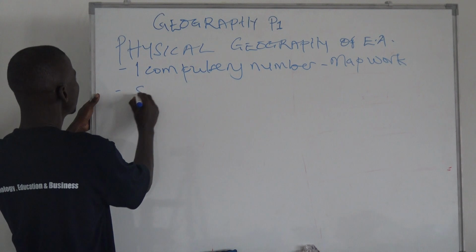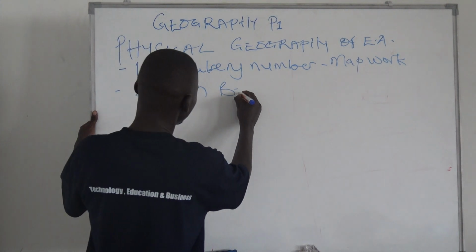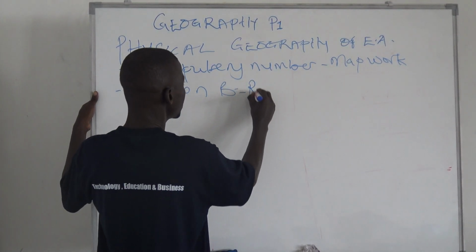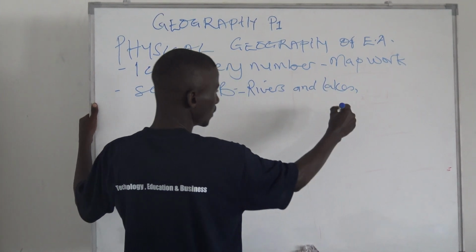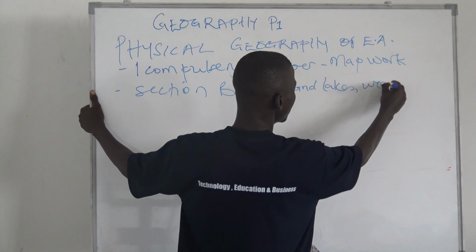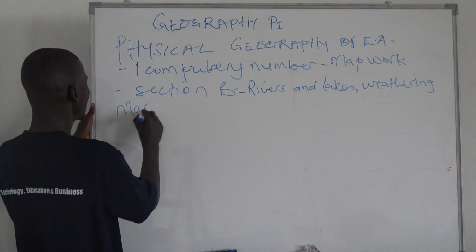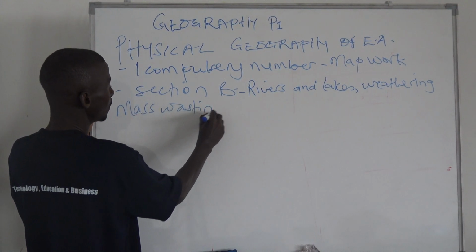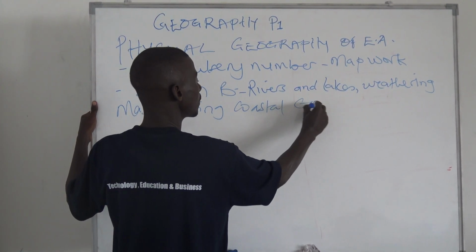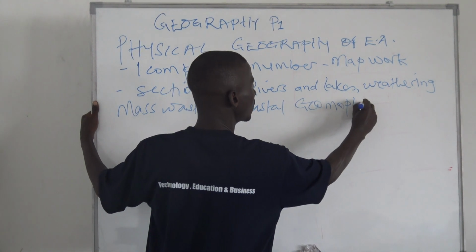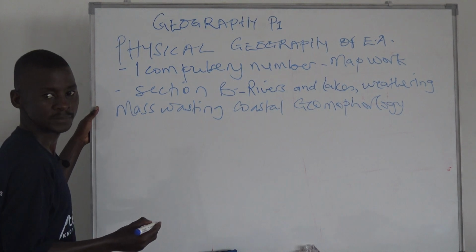Then section B is made up of rivers and lakes, weathering, mass wasting, coastal geomorphology, and many more others.